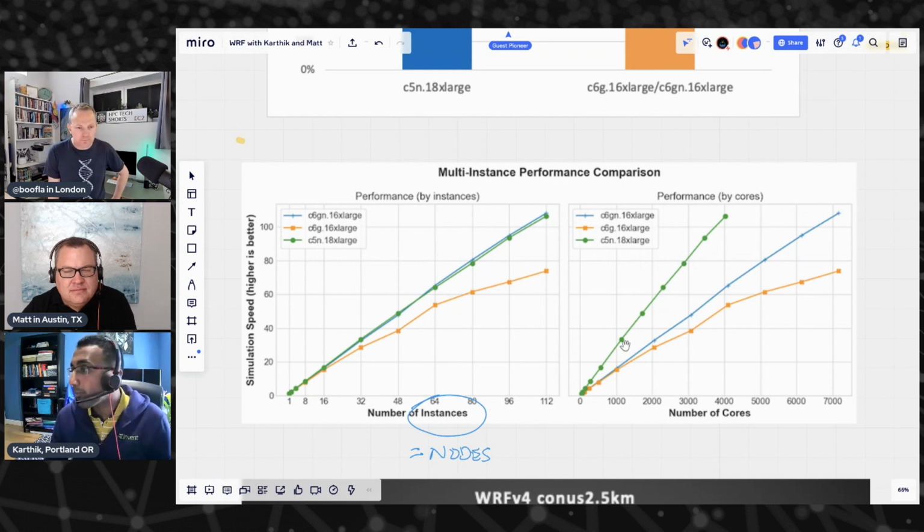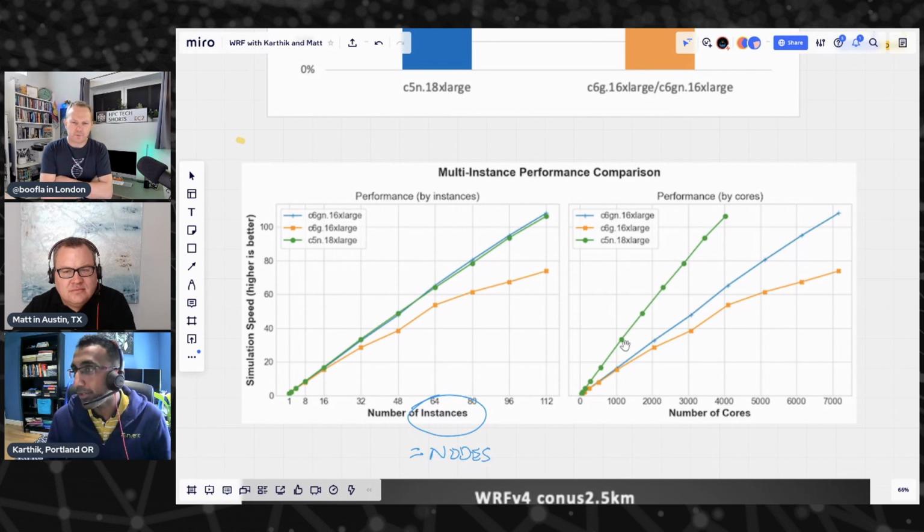If we look at the 2000 core point in this graph, what that means is that when you're running at 2000 cores, the number of instances that you need on a C5N is significantly higher than what you need on a C6G or a C6GN, because C6GN has 64 cores per instance, and C5N has 36 cores.